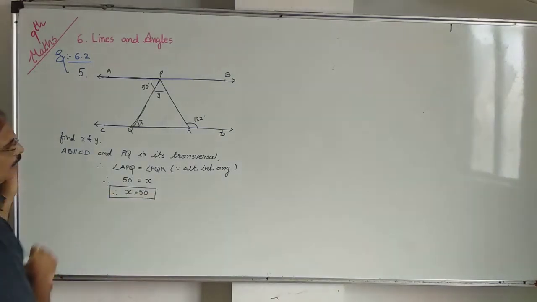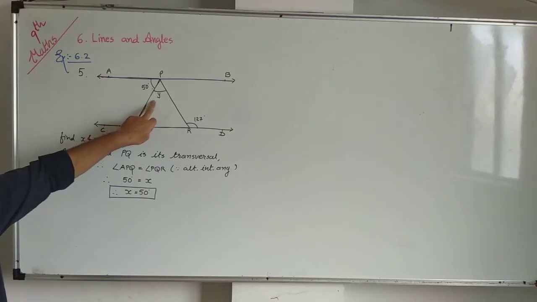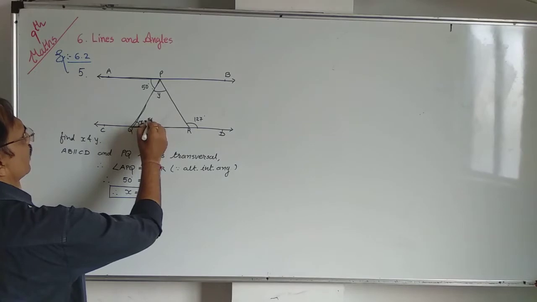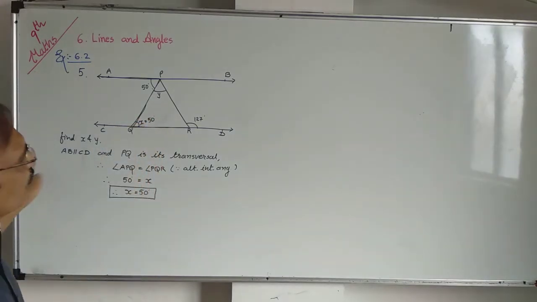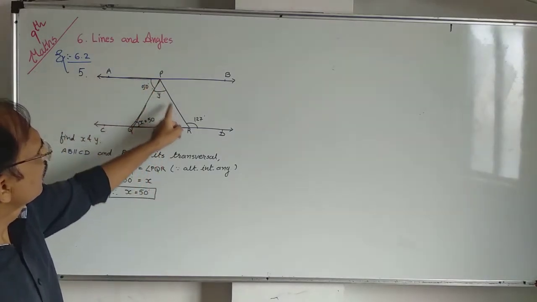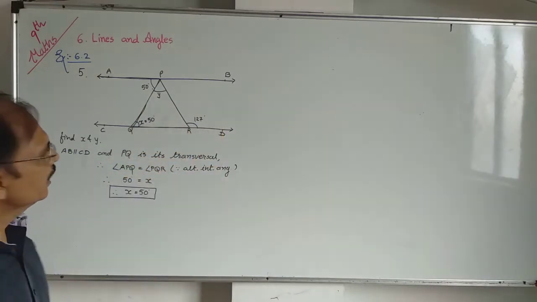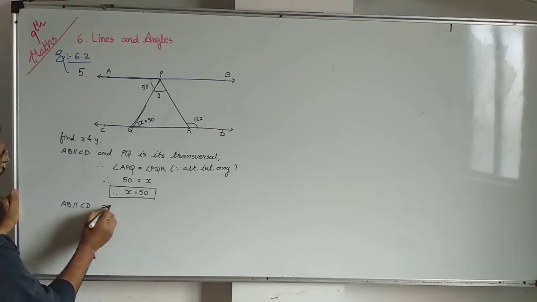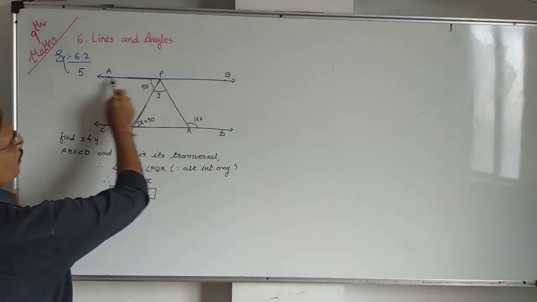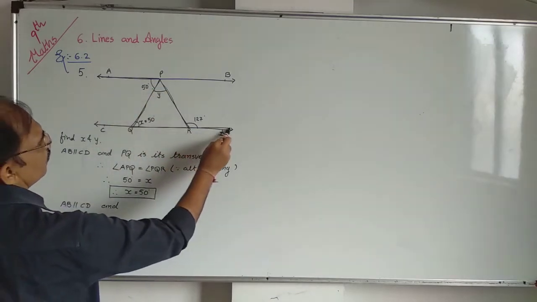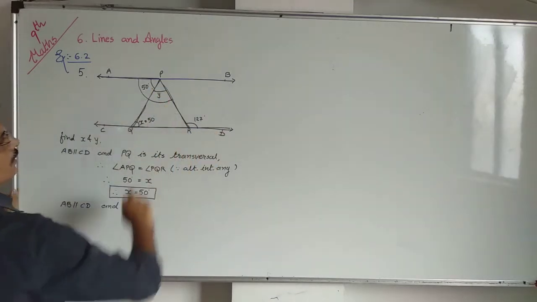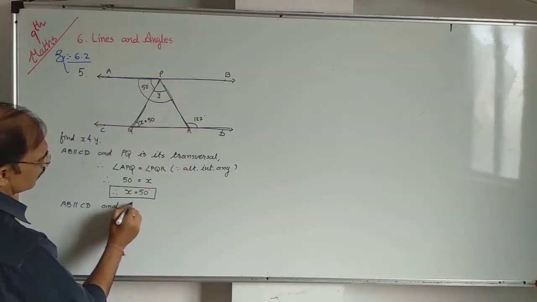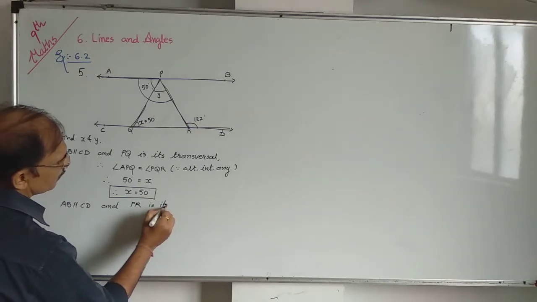First answer. What about Y? X equals 50. What about Y? See, this one is also an alternate interior angle. Once again, AB parallel to CD, and now take PR as transversal. Total this forms a Z, so this angle and this angle are the same.